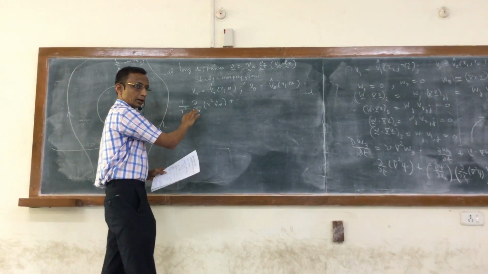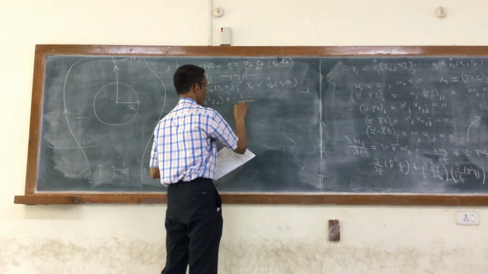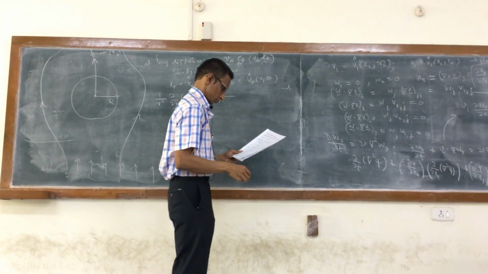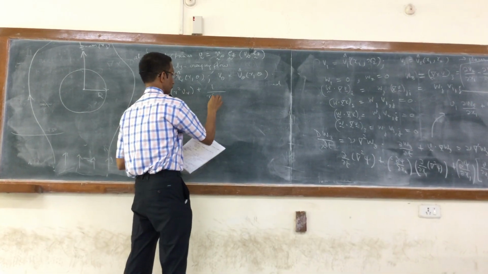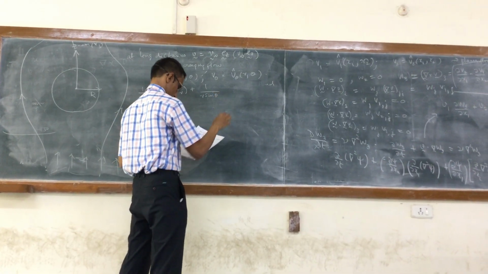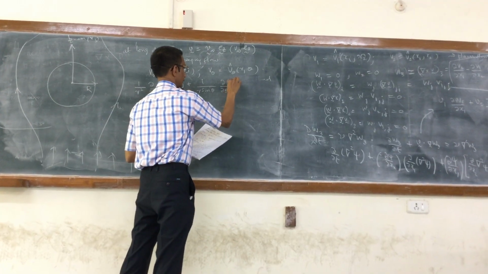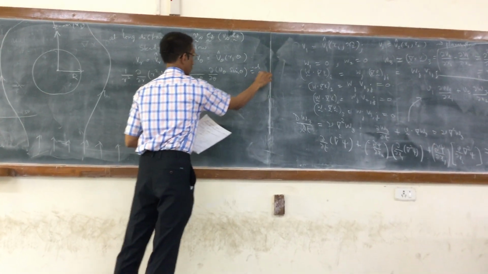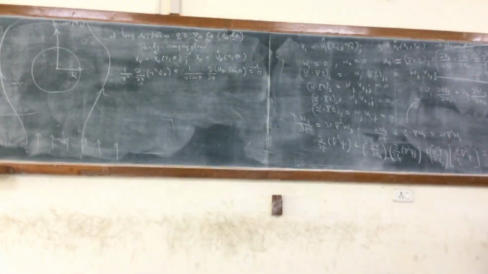I have d by dr alone of r squared Vr, then I have 1 over r sin theta d by d theta of V theta sin theta, equal to 0, plus the d by d phi term.